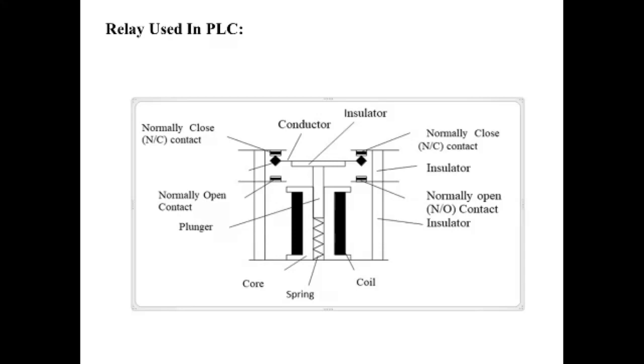It is possible to construct a relay with a built-in time delay device that causes the relay to either switch on after a time delay or switch off after a time delay. These types of relays are called time delay relays or TDR. The schematic symbols for a TDR coil and contacts are the same as for the conventional relay.